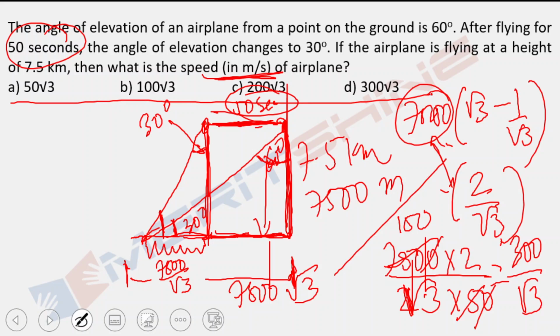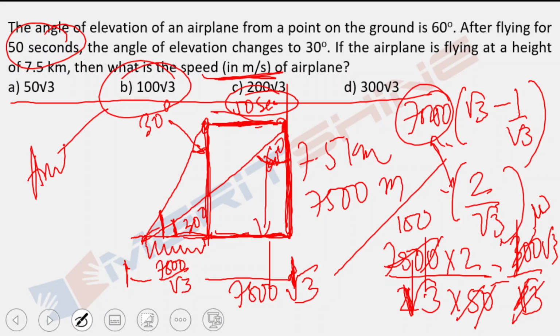So what I'll do is multiply by root 3 in numerator and denominator. This would become 3, and here you'll have an extra 3. This would cancel, 100 root 3. 100 root 3 is my answer, answer number B. So easily you could have answered this question.